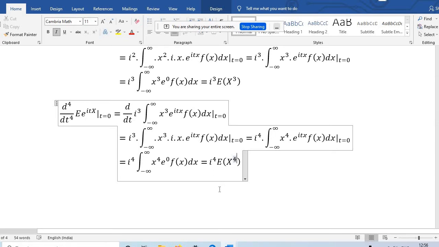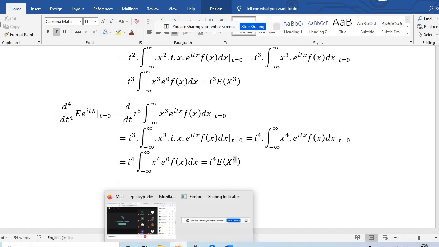From this you will get expectation of x raised to 4. Okay.